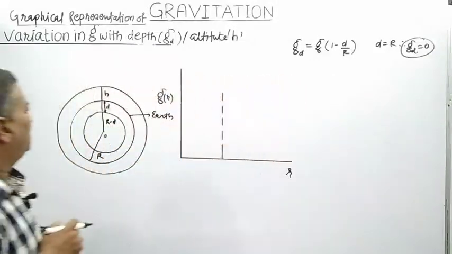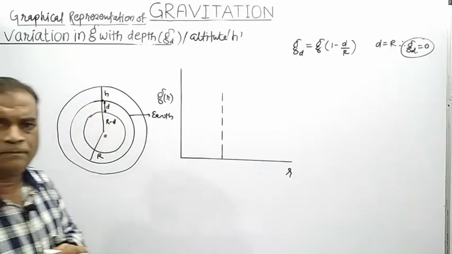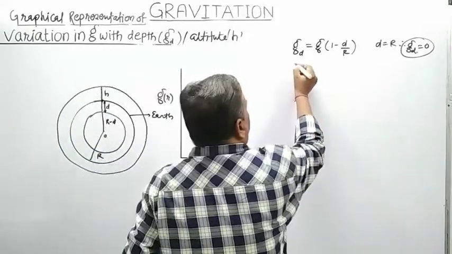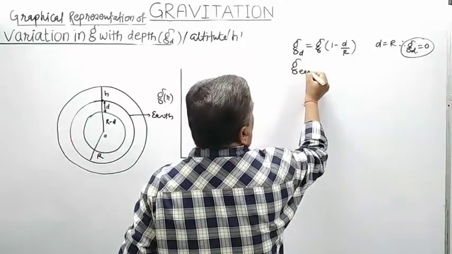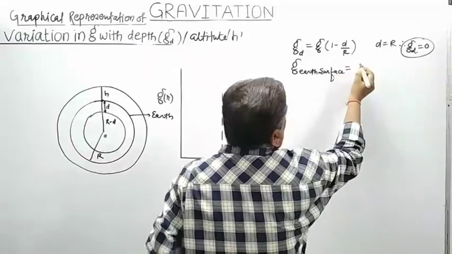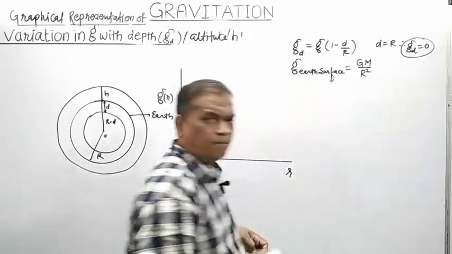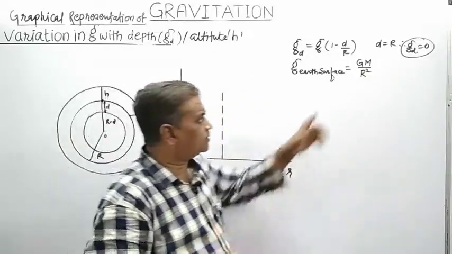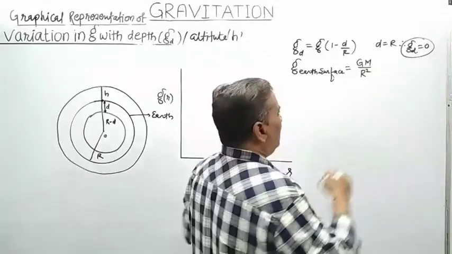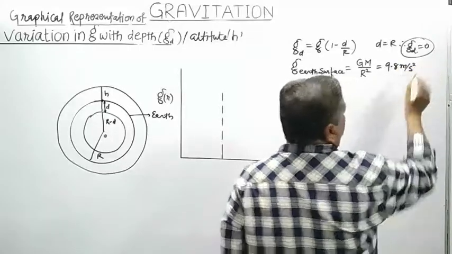Similarly, if the object is lying on the surface of the earth, what is the acceleration due to gravity on the earth's surface? It is G into M divided by R square. All the terms, the universal gravitational constant, mass of earth and radius of earth, are constant, and the value of that constant comes to be 9.8 meter per second square.